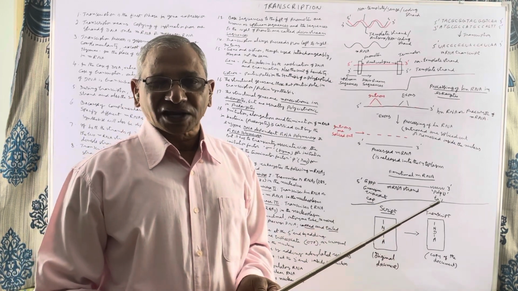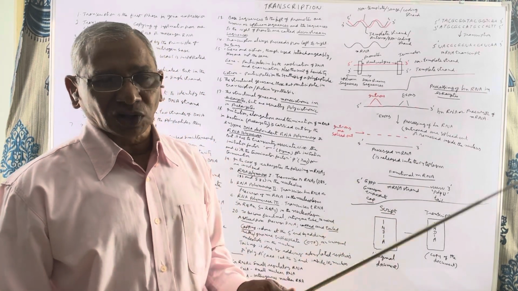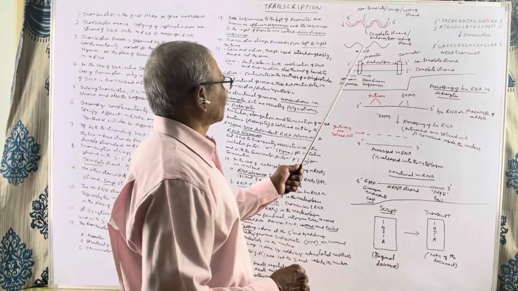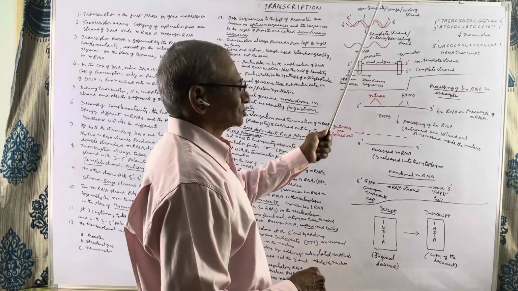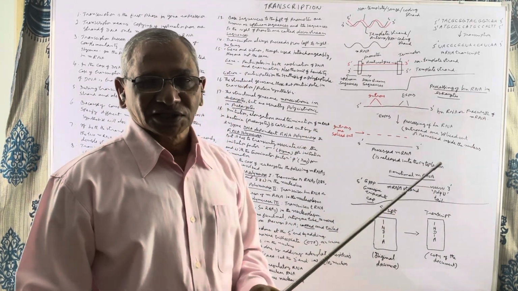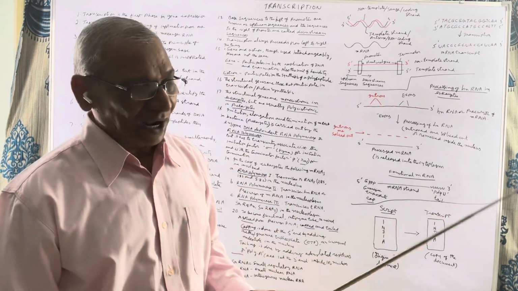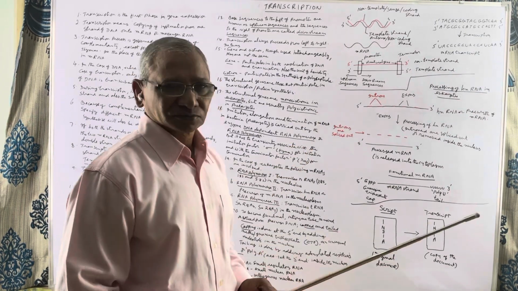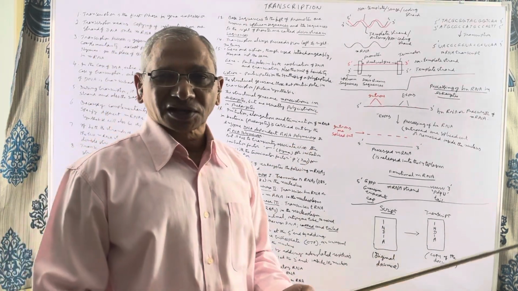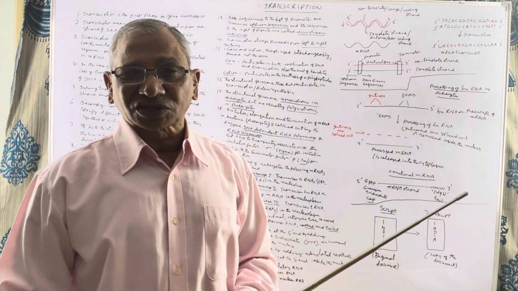The mRNA strand is always synthesized on the strand with 3-5 polarity. And the synthesis of mRNA molecule, messenger RNA molecule, always takes place in 5-3 direction.